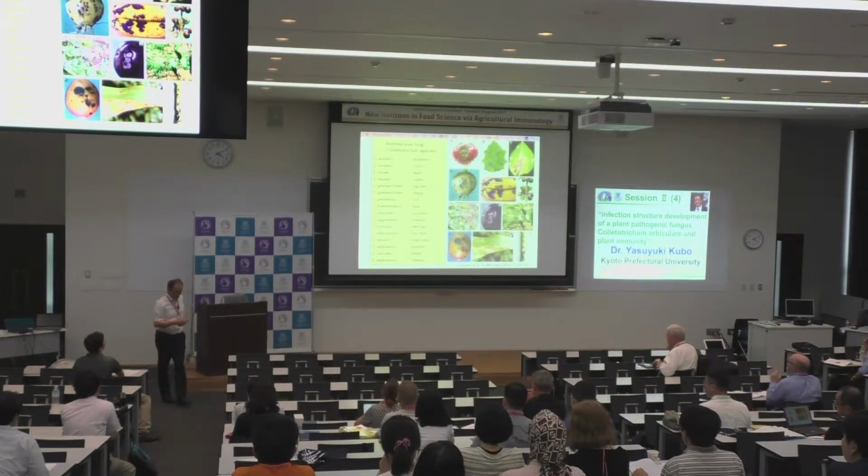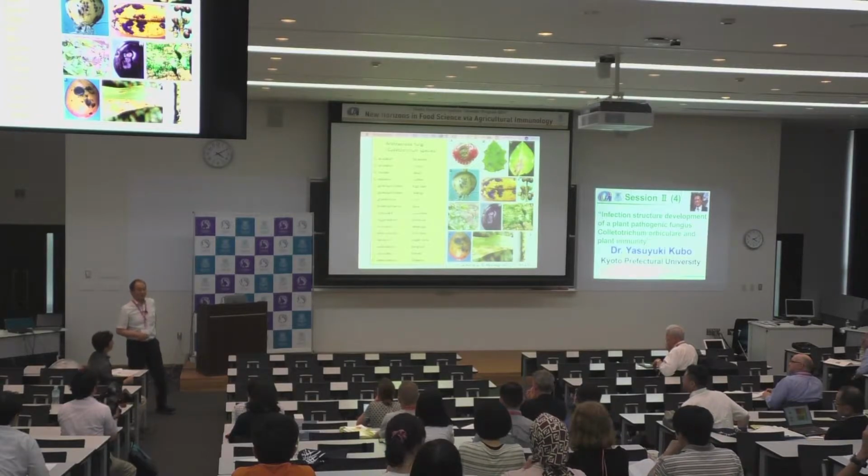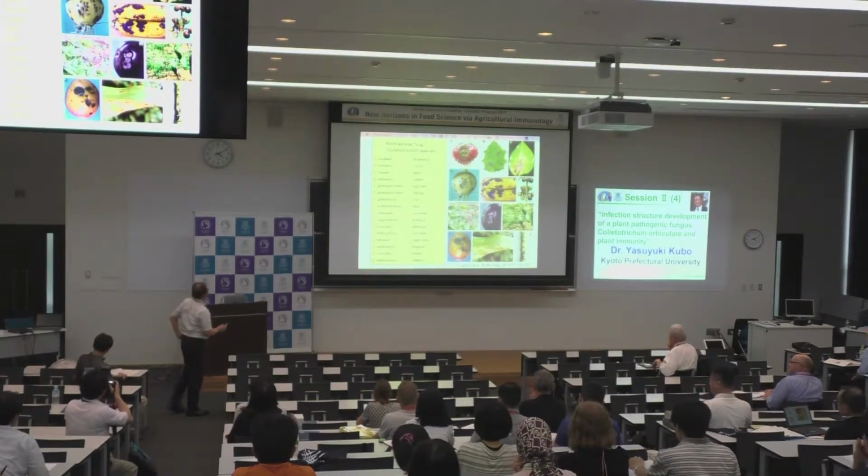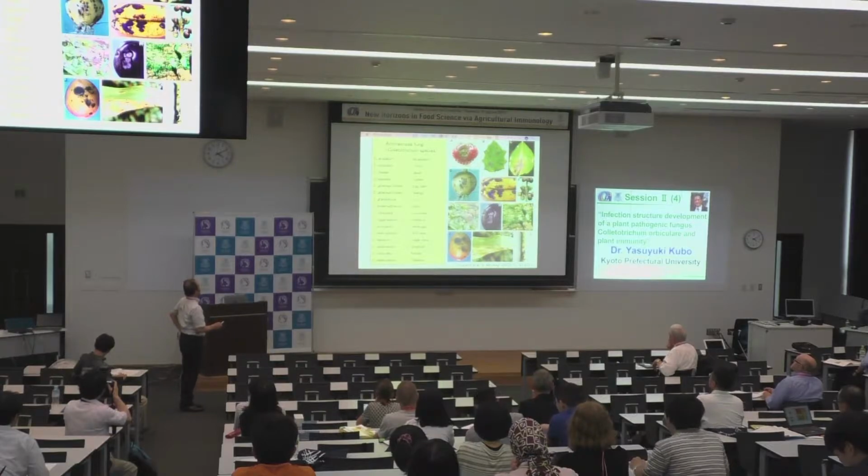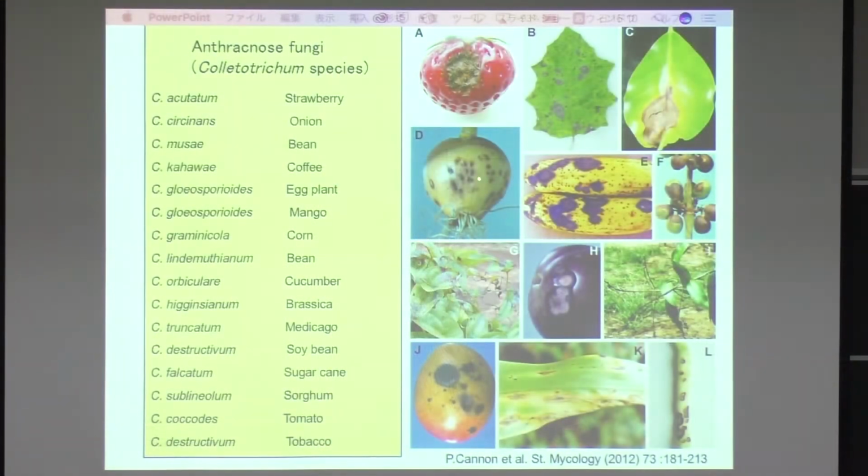So I've been working on the pathogenesis and the morphogenesis of infection structure of the anthracnose fungi, Colletotrichum species, which include more than 100 species and infect important crops, as shown here.